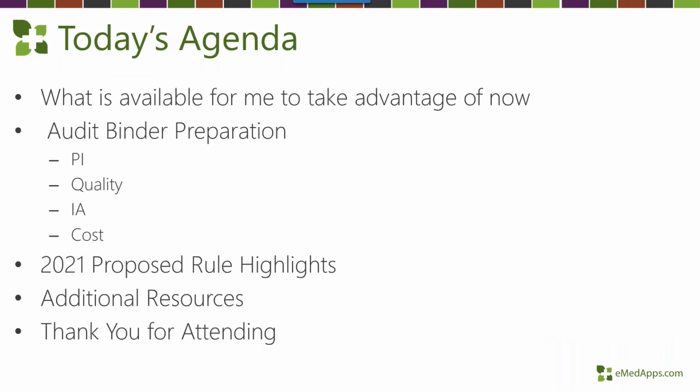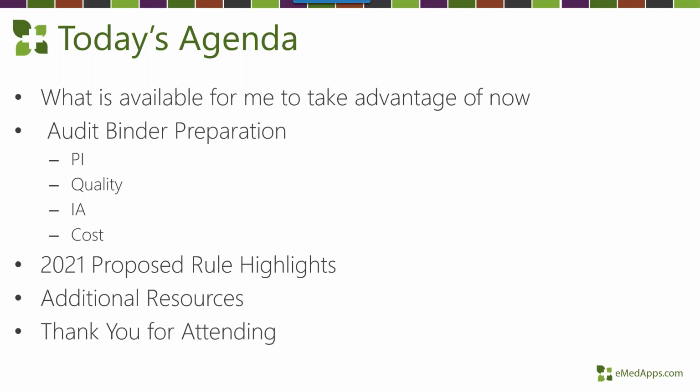Thank you, Holly, for that prologue. I just want to get started by going through our agenda on items we'll be covering today. Thanks everybody for joining. What I'd like to start with is what we're going to be able to take advantage of currently related to MIPS.